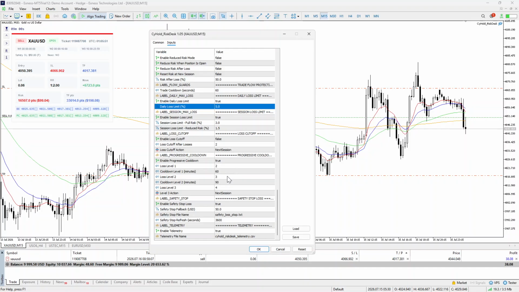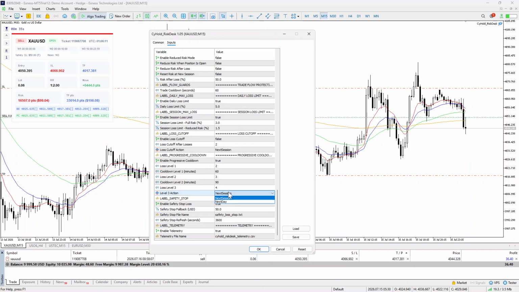If you have another loss in the sequence, you can put another cooldown, 90 minutes more. And for example, with 4 losses: you have the 2 losses, stay 60 minutes without trading. Again, another loss, 90 more minutes by these numbers. And if you had another loss, it will lock until the next session or the next day.